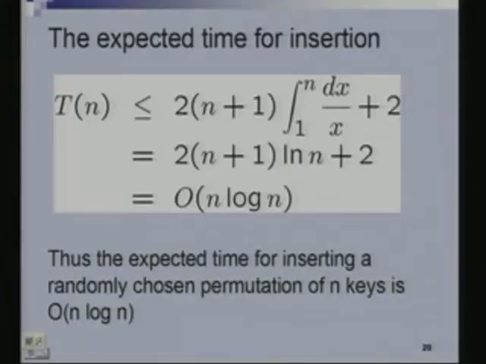And what did we get? We got n log n. Recall we saw the worst case was n squared. There is a particular permutation which is just putting the elements in increasing order. For that, the total time for insertion is n squared. But the average time is n log n. And what is the best time? The best time is also n log n.